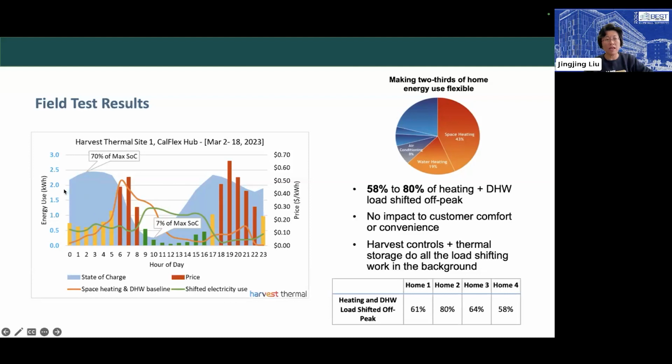And the system does this by charging and discharging the hot water tank 2 times in a day, as illustrated in this blue curve that shows the state of charge of the tank. So this technology is really important because hot water heating and space heating in homes represent roughly 2/3 of the energy consumption in a typical home.